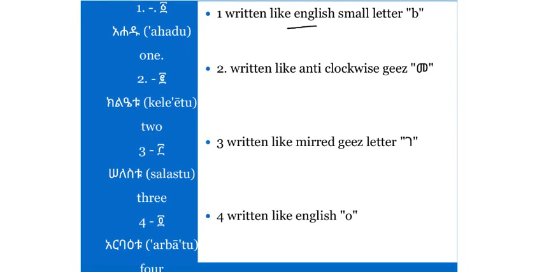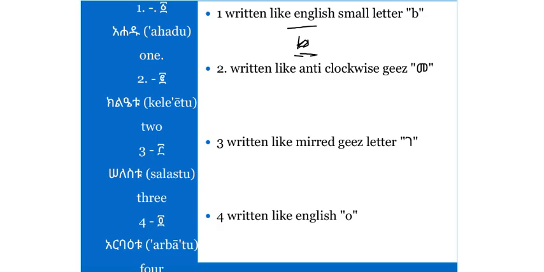Roof for the top and ground for the bottom. Now the main shape is written between the top and the bottom horizontal lines. It looks like this. And you can write every GES numeral using the roof on the top and the ground at the bottom.